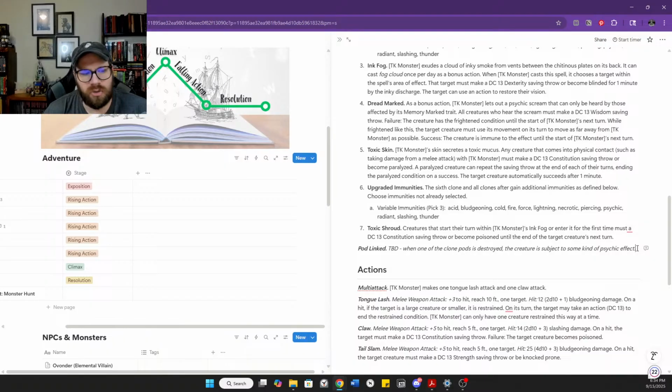We could say it becomes disoriented and has disadvantage on attack rolls, or D20 checks or something along those lines, until the end of its next turn.